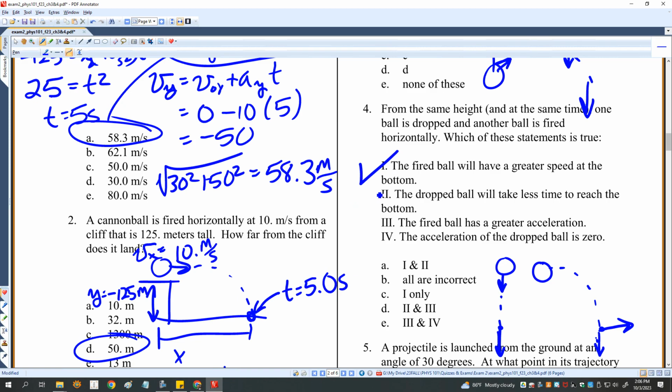The dropped ball will take less time to reach the bottom. No, they take the same time. The fired ball has a greater acceleration. No, both of them have an acceleration in the y direction that is equal to negative 10.